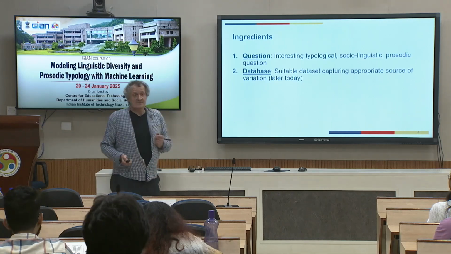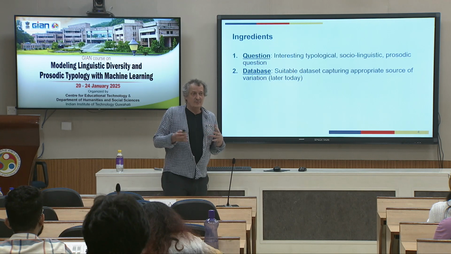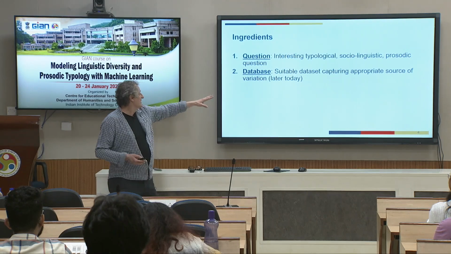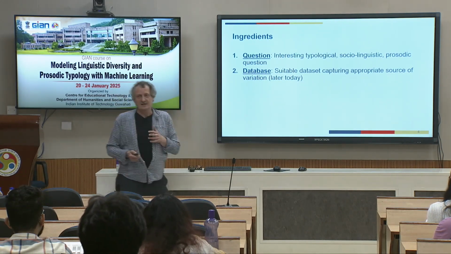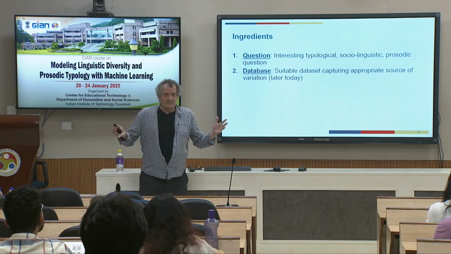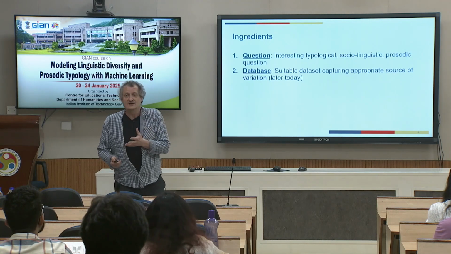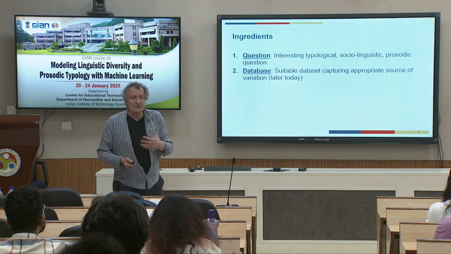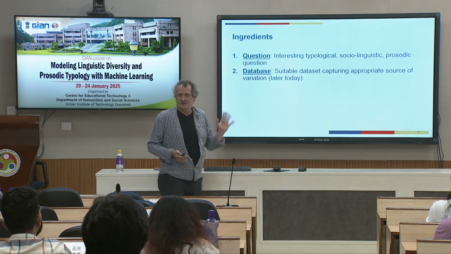Second, of course, we need suitable data in order to address this question. So we need the data, for which I'm going to use the term source of variation. I'm going to repeat it today a few times and throughout the course. So we need data which can serve as a source of variation of the phenomenon we want to investigate. There's nothing mysterious about that.